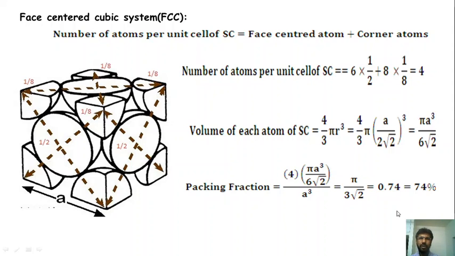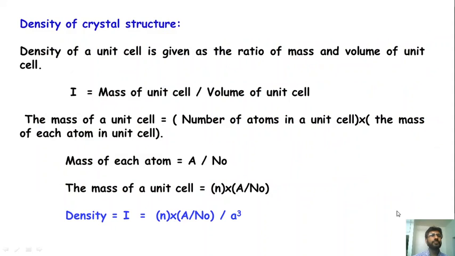All these atoms are very closely packed with each other, and hence materials having the FCC structure have high density as compared to materials having the simple cubic or BCC structure.